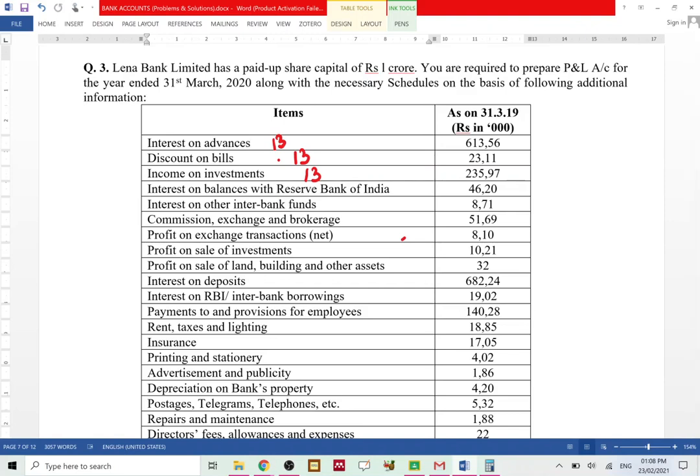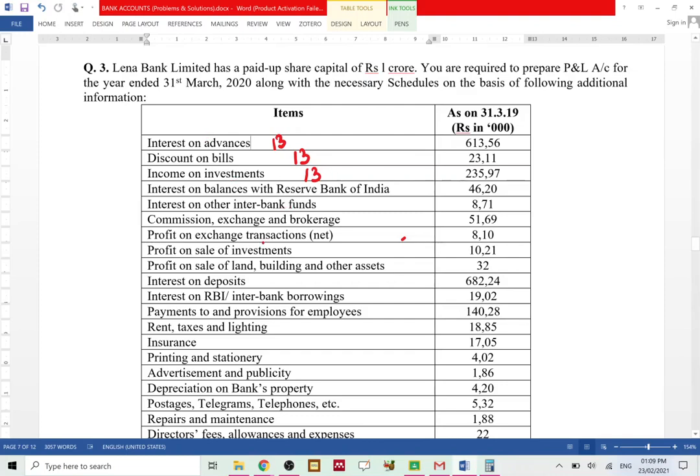Any income that they make on investments, and their investments are usually in other banks, or it could be in securities of other banks, or fixed securities of some other banks. So they include income on investments under schedule 13.